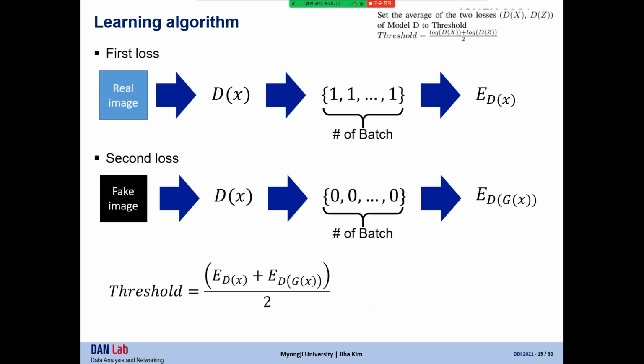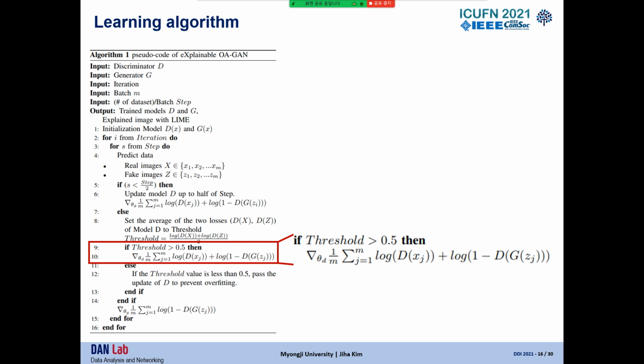The first loss is when the discriminator determines the real image, and the second loss is when it determines the fake image. Set the average of the two losses calculated as such as the threshold. After half of the steps, only run when the threshold value is greater than 0.5.